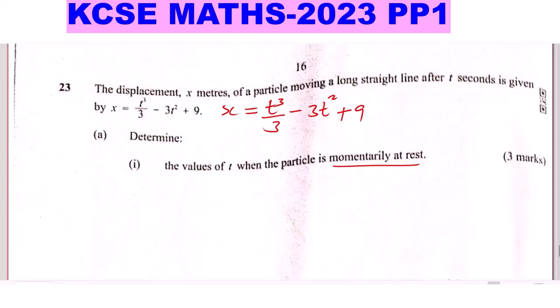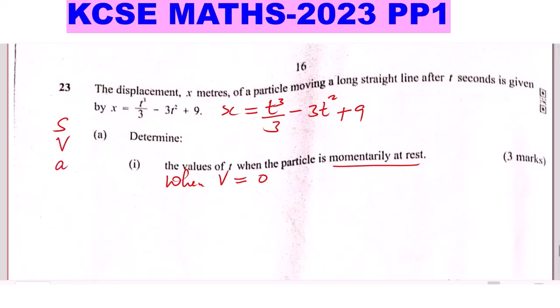One thing you're supposed to understand is that the particle will be at rest when velocity is equals to 0. But now we don't have velocity, we have displacement. Note this: when you're given distance, you differentiate distance to get velocity. You differentiate velocity to get acceleration.